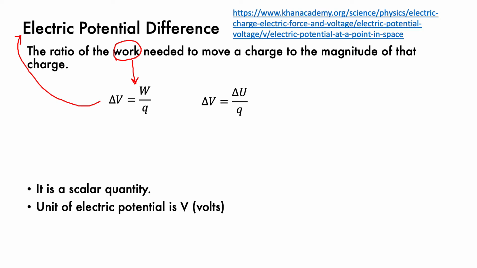There is one more formula which we can use. Instead of W, we can write delta U, which is electric potential energy. And in short form, sometimes you will see it written as EPE, electric potential energy.